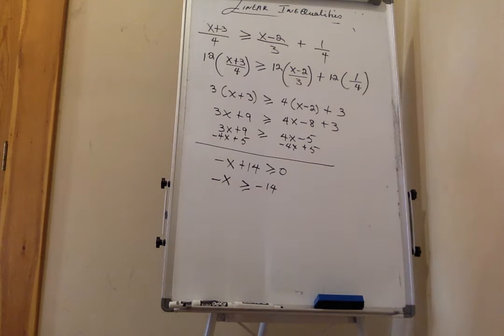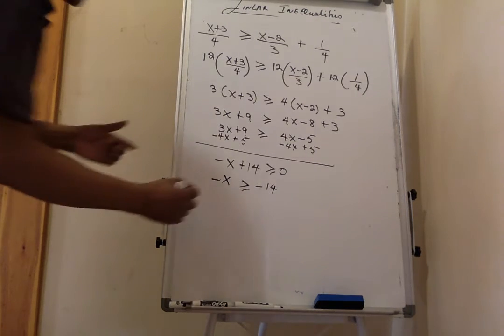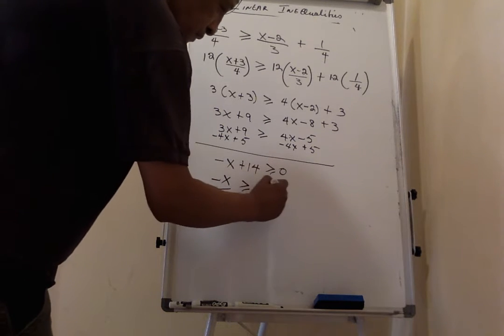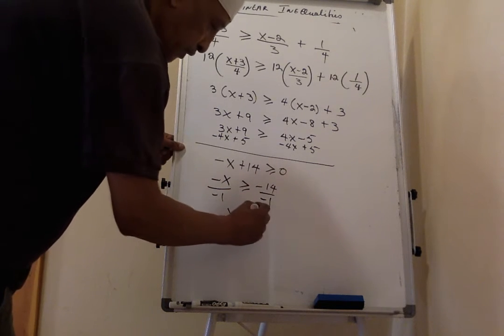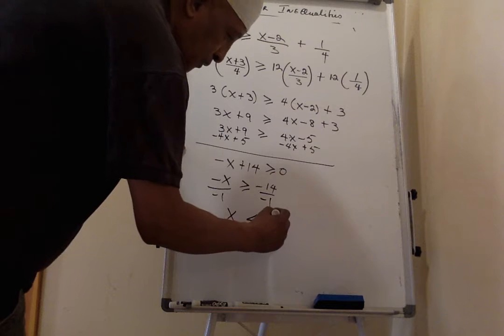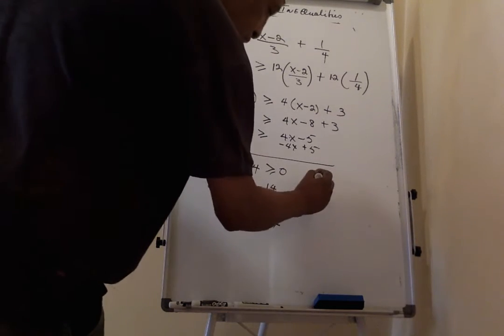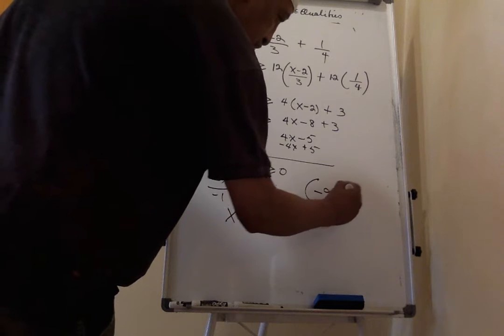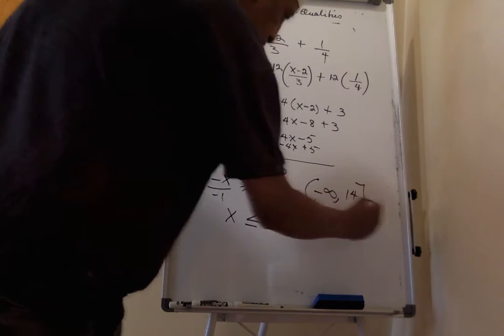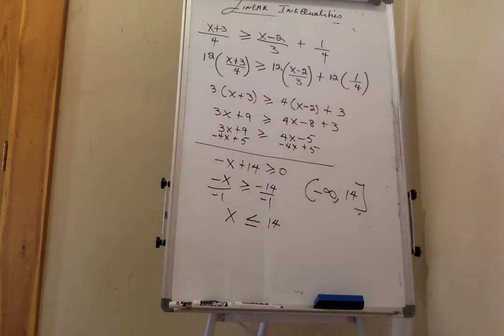And since you are dividing the coefficient of x, which happens to be negative, by a negative number, then you end up with x is less than or equal to 14. And your answer would be, in interval notation, negative infinity to 14 and including 14. Okay?